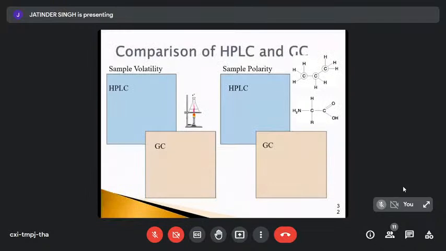And there is a competition between HPLC and gas chromatography. In HPLC, or liquid chromatography, we do not require any volatile substance, and the samples must be soluble in the mobile phase.